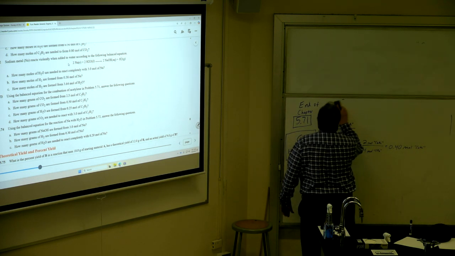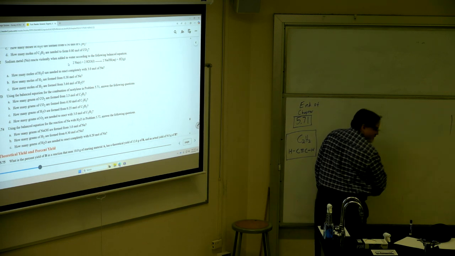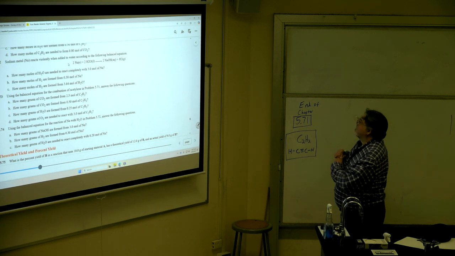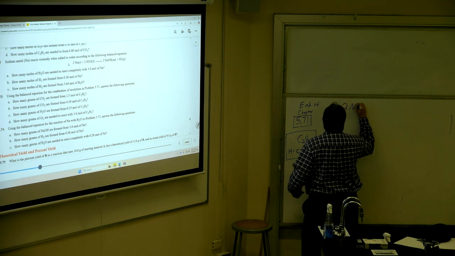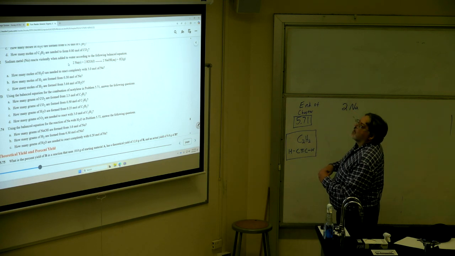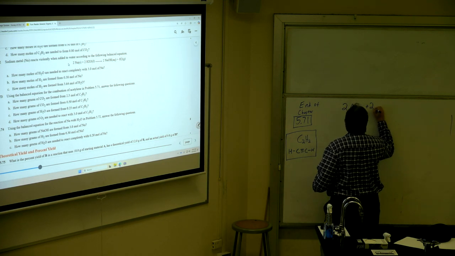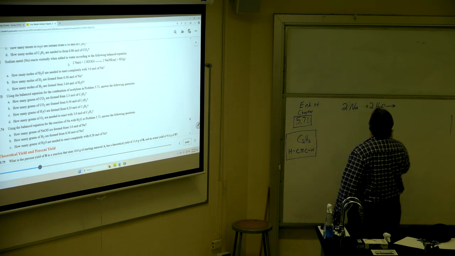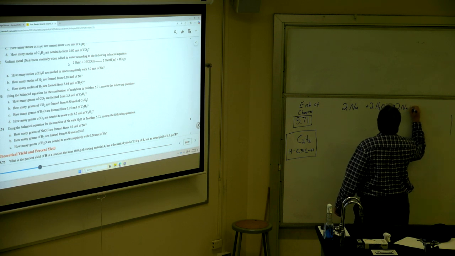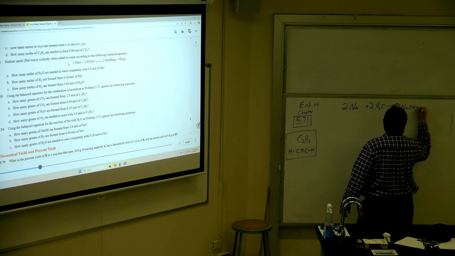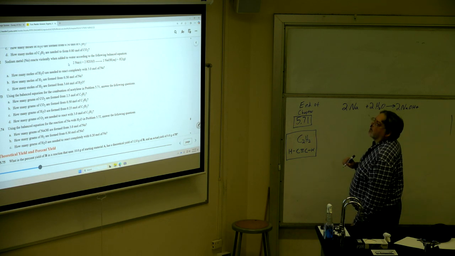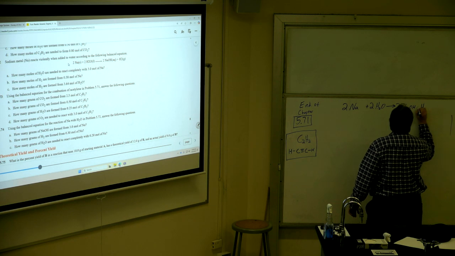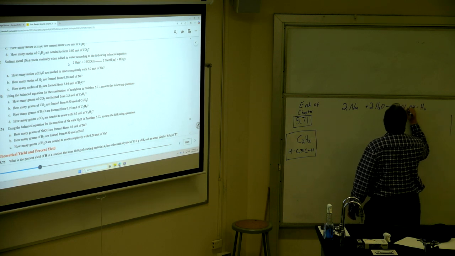So now our reaction, 2 NaOH plus other products, H2. This book just does weird things with the subscripts and superscripts.